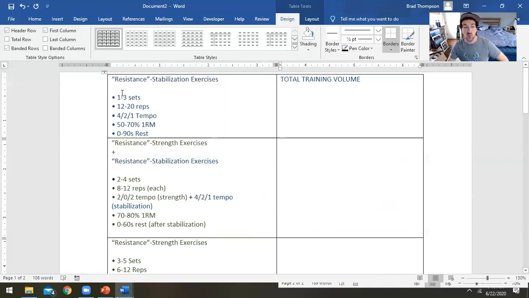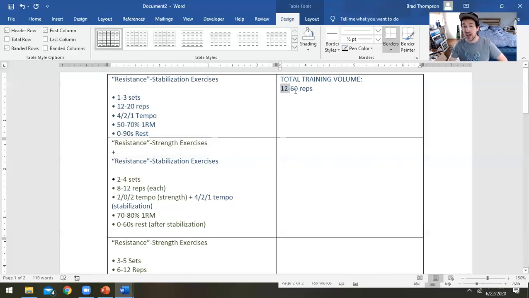This is 1 to 3 sets of 12 to 20 repetitions. So we're going to take the lowest number here and the lowest number here, and multiply those. At the bare minimum, if you're in stabilization, you're going to end up doing 12 repetitions per exercise. But at the maximum, you're going to do up to 60 reps per exercise.